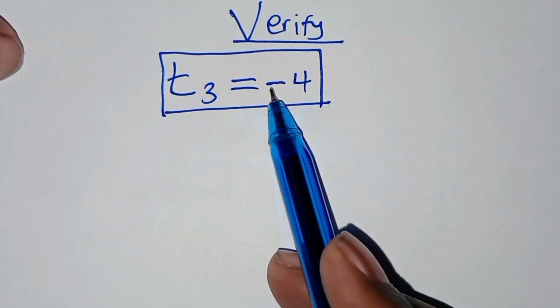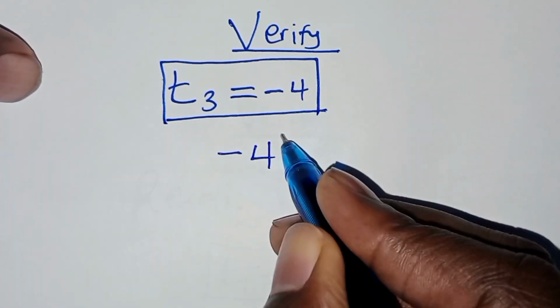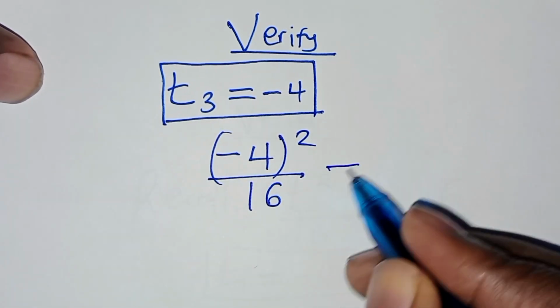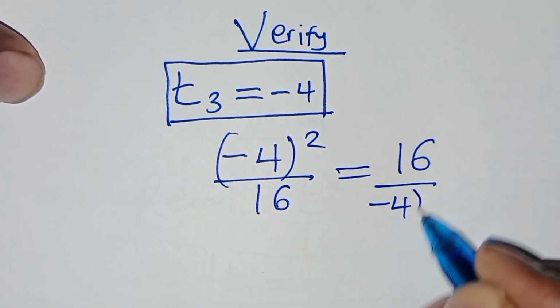Okay, so let's proceed to t3 and t4. We have t3 is equal to minus 4. So let's verify here. We have minus 4 squared divided by 16, equal to 16 divided by minus 4 squared.